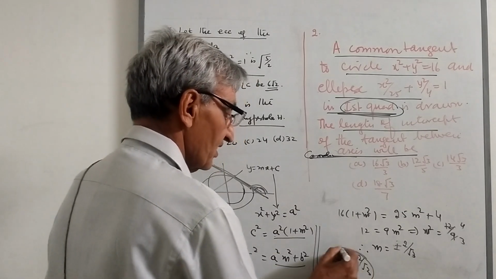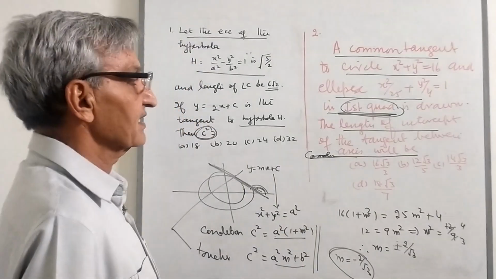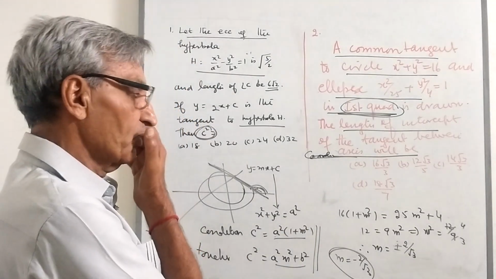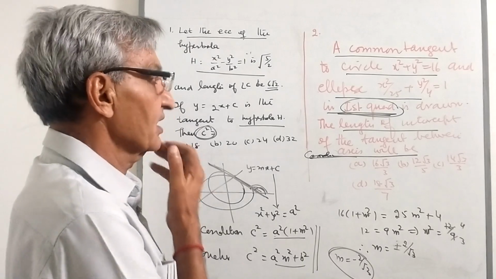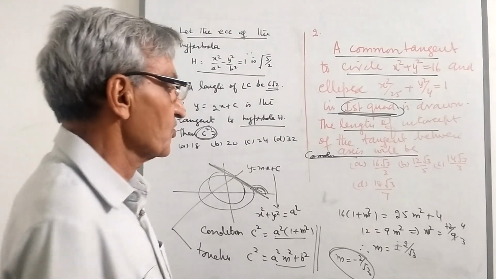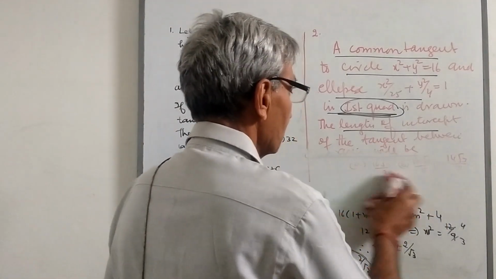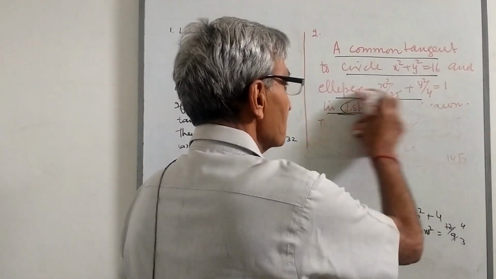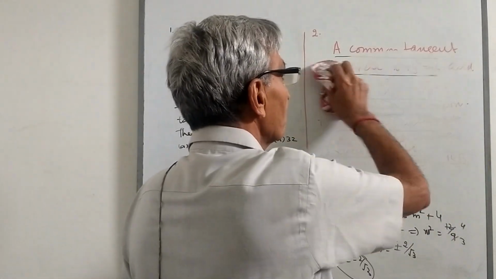This is the crux. Now I'm looking for the length of the intercept. Here the common tangent is drawn, and now we find the equation of the common tangent.